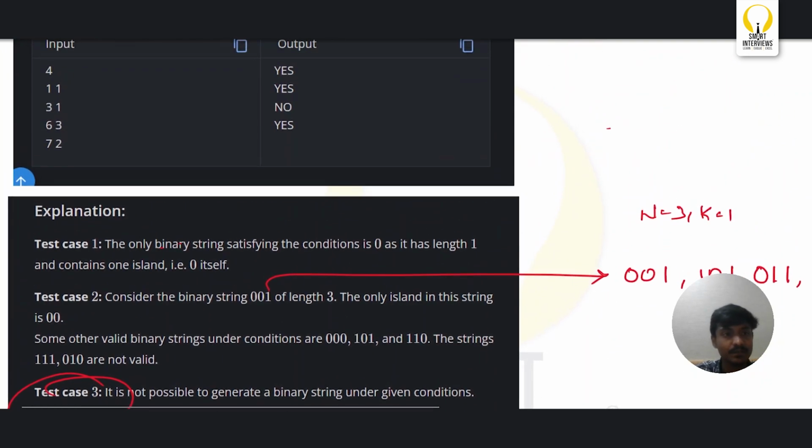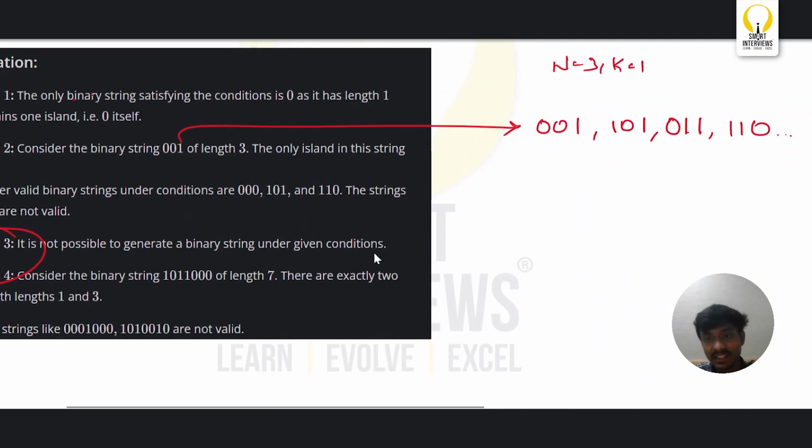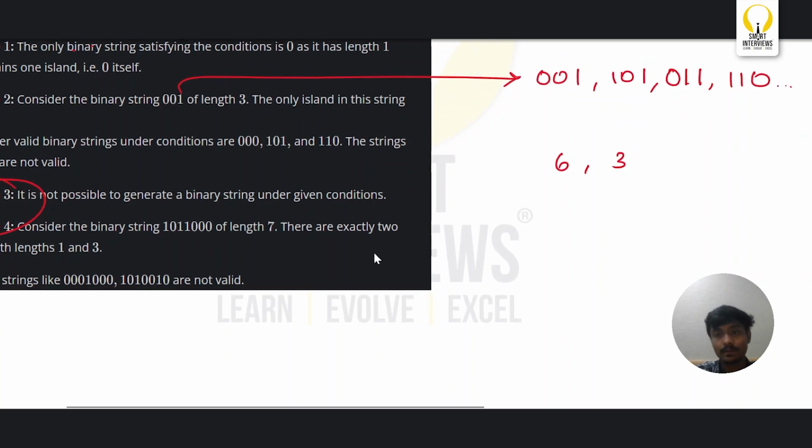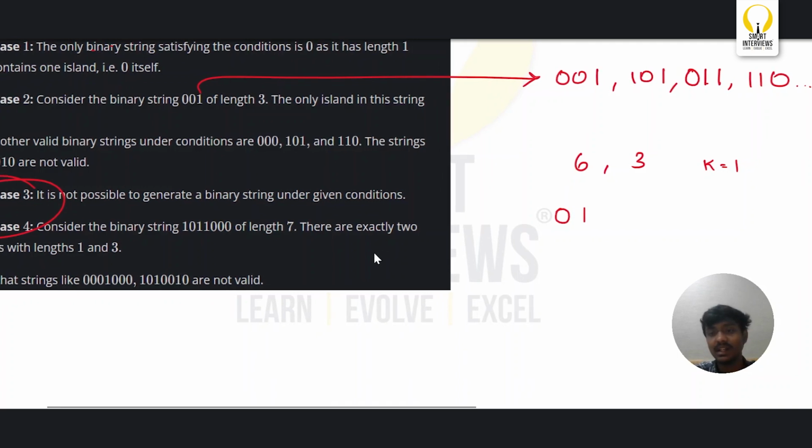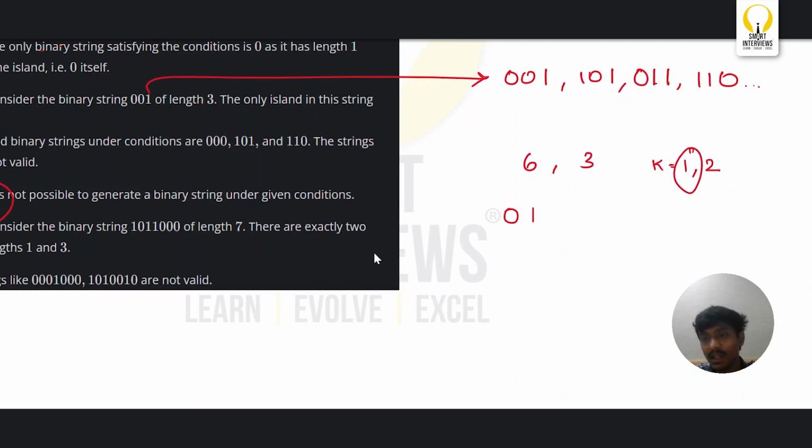So what is test case 3? It is 6 and 3. I can start my islands from length 1, right? I have taken 0, 0, and after this, as it is the first island, there is no criterion that I should have a 1 here, but there is a criterion that I should have a 1 here. After that, I will try to form an island of length 2 because I cannot repeat 1. As they said, the island should be of unique length.